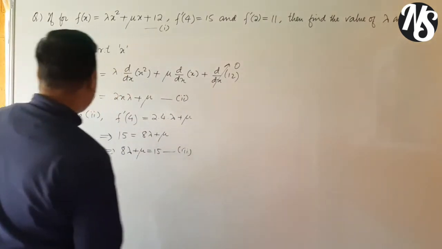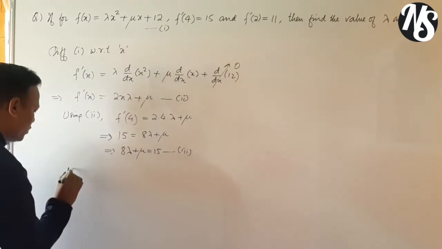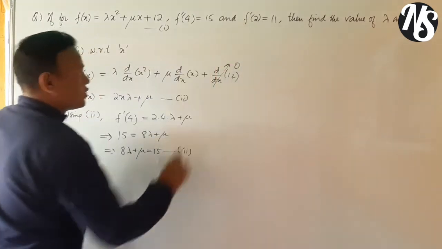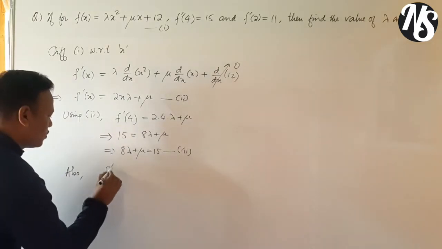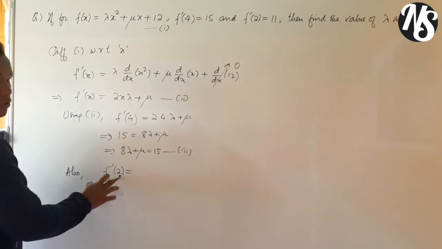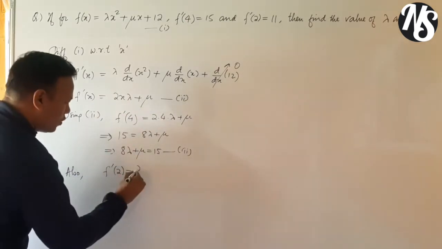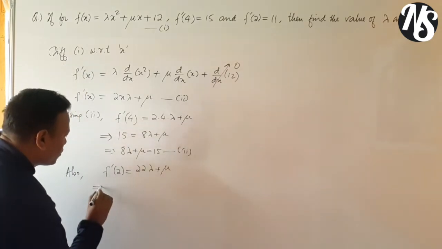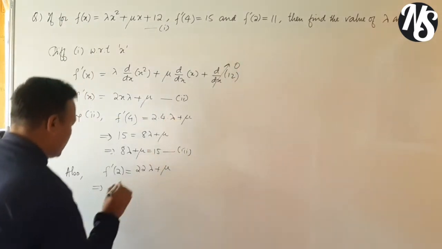Also using 2 only, let's find what is f dash of 2. So f dash of 2 will be equal to, instead of x we have 2 now, so this becomes 2 into lambda plus mu, and f dash of 2 is given to be 11.